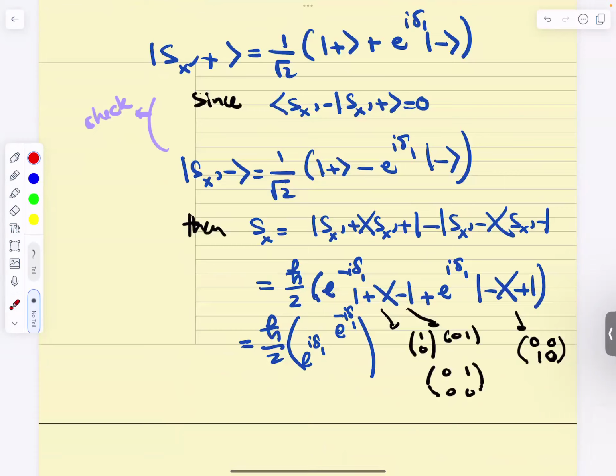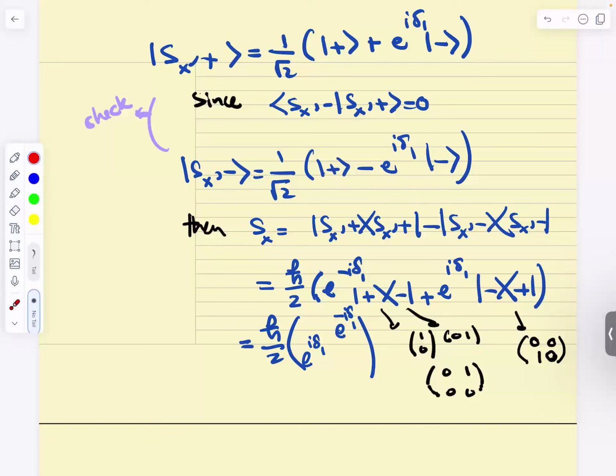So far, you might say you don't have to use complex numbers. Why is that? Can anyone tell? Because delta 1 is up to me to choose. So what is a choice of delta 1 that would make this matrix real, or make these vectors real? Essentially some integer multiple of pi. 0, for instance.